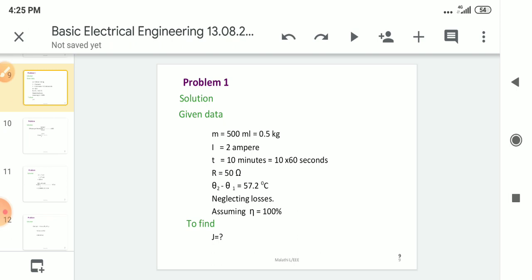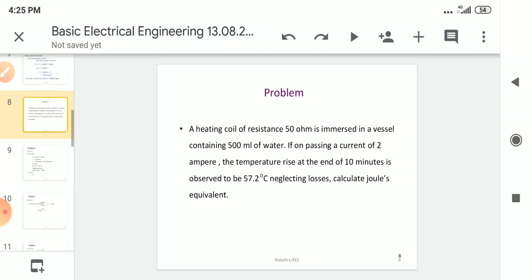Here all these problems have the same model of solution. First we have to identify the data that is given. After that we have to find its input. Next we have to find its output.